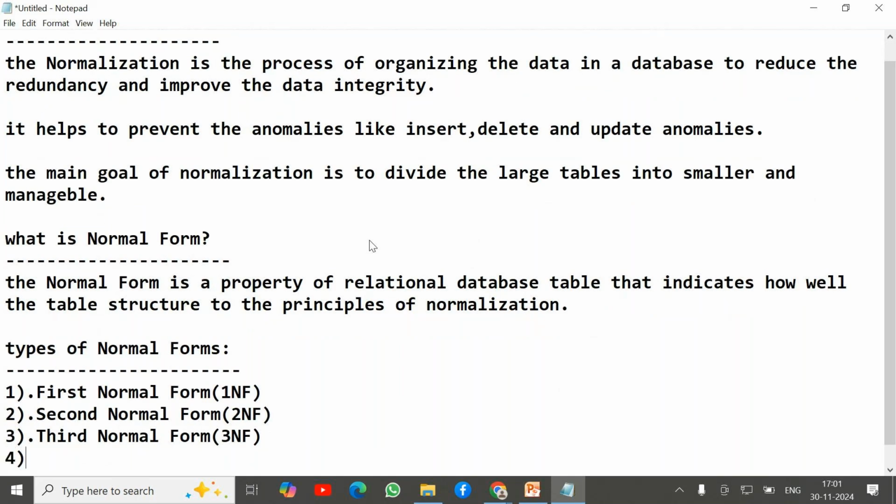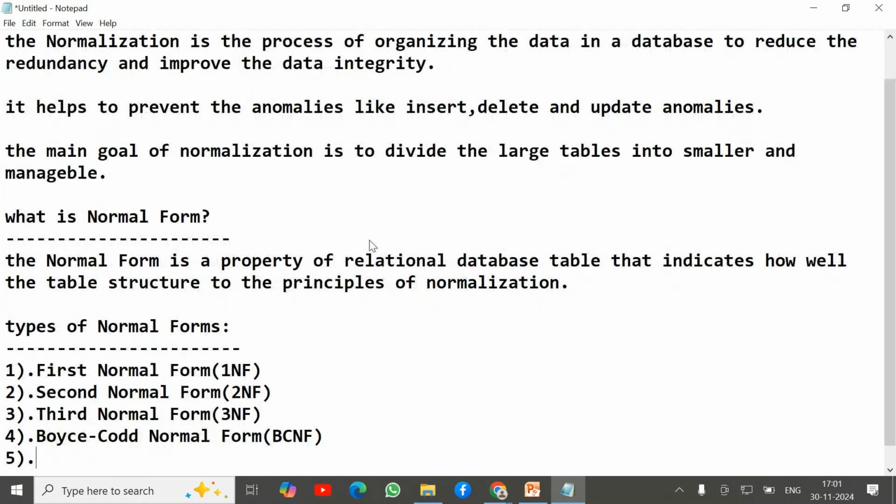Boyce-Codd normal form, BCNF. Fourth normal form, 4NF.